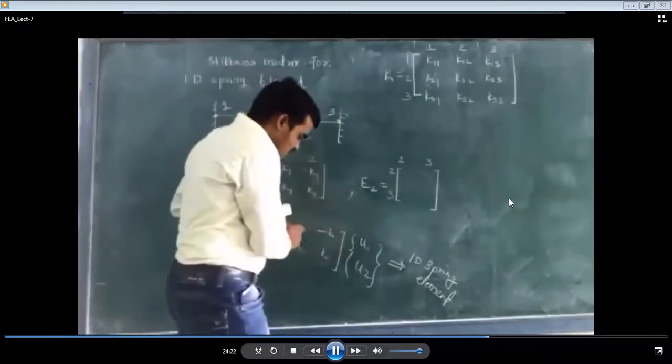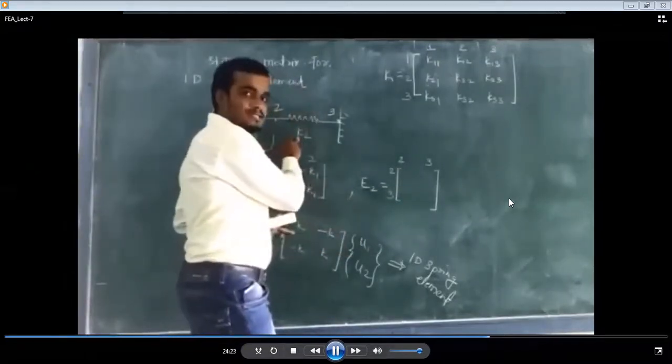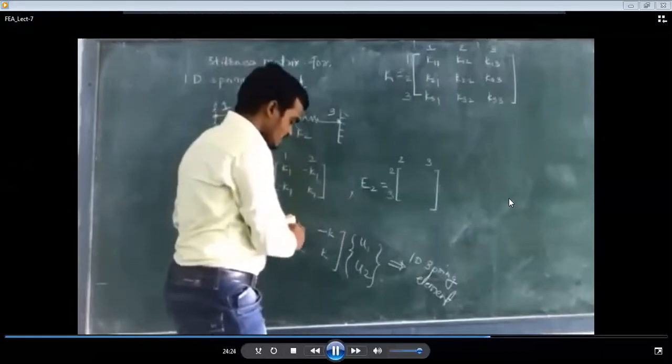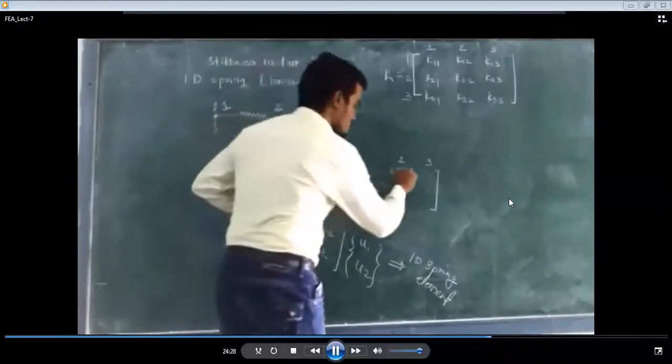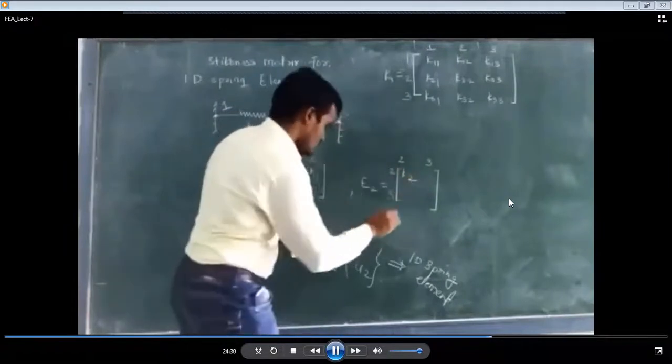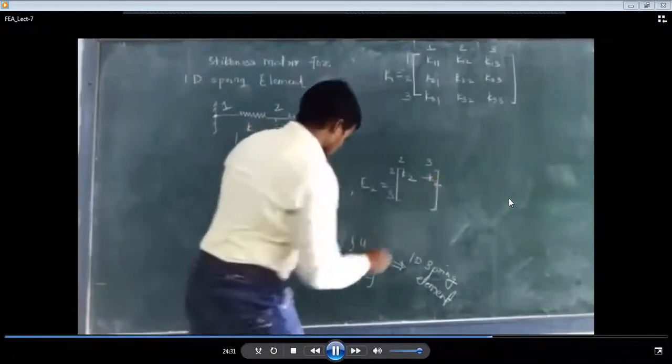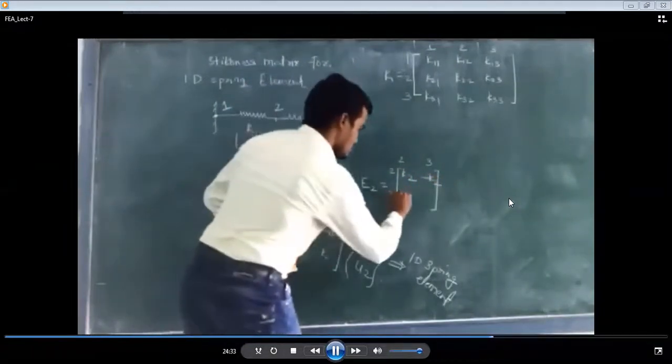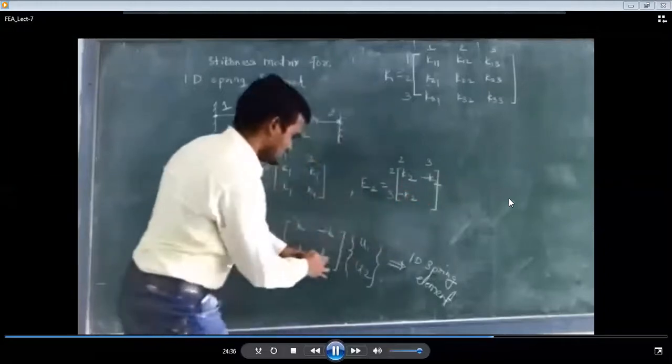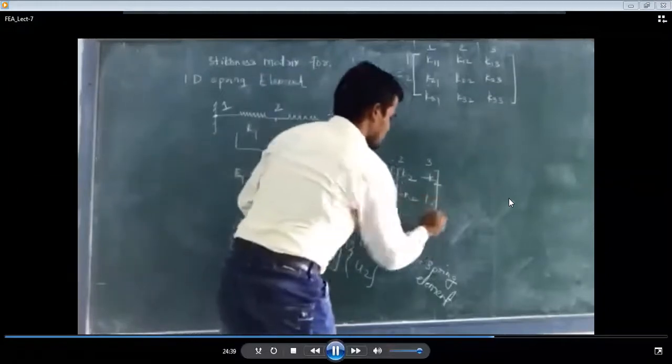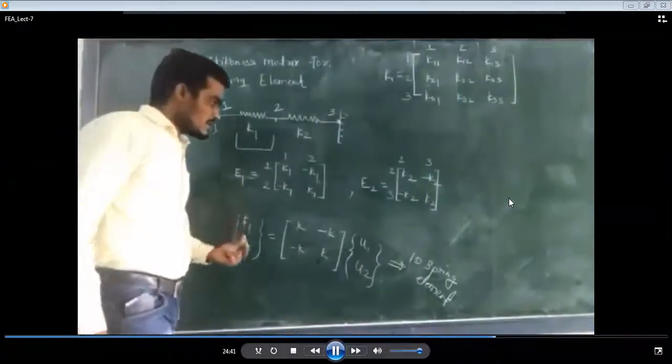So this will become similar to this matrix, but here instead of K, K2 is there. So write K2, minus K2, then minus K2 and finally plus K2. This is the elemental stiffness matrix for the second element.